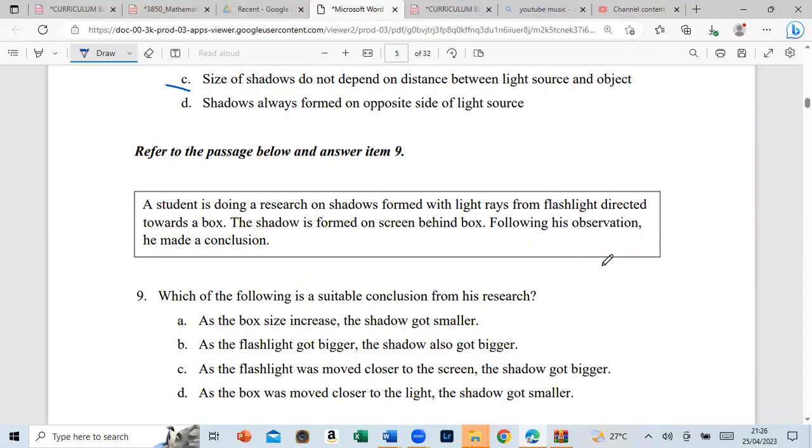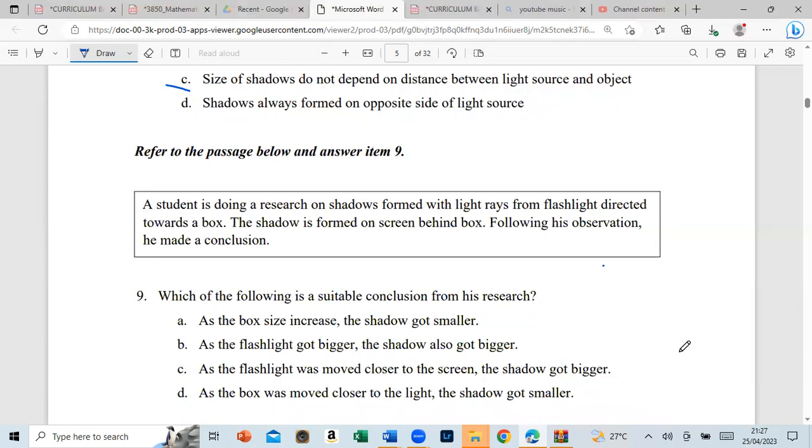Refer to the passage below and answer item 9. A student is doing research on shadows formed with light rays from a flashlight directed towards a box. The shadow is formed on the screen behind the box. Following his observation, he made a conclusion.